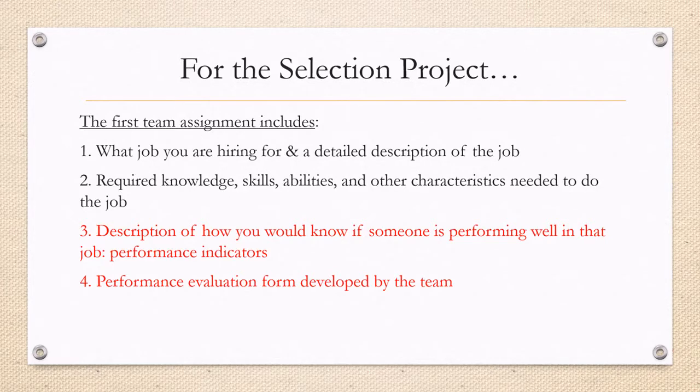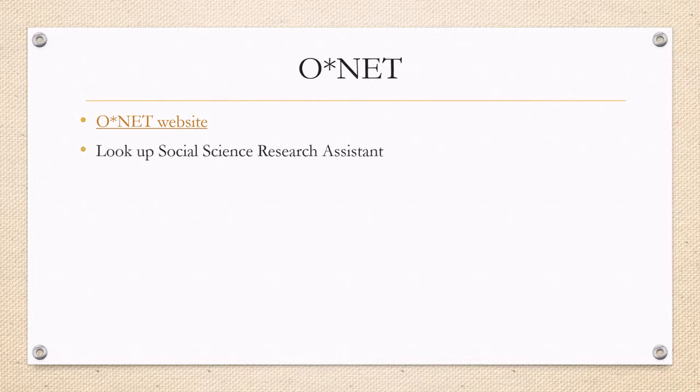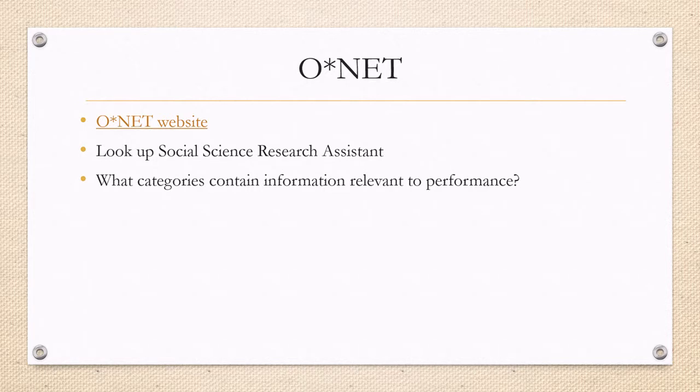So your performance evaluation form will use the answers that you gave on question 3. So let's start. We're going to start with the ONET. By now, you should have the ONET probably showing up in your search history, right? So it'll be easy to get to. What I want you to do is look up the job of Social Science Research Assistant. So we're going to scroll down on the results and see what information is relevant to performance.